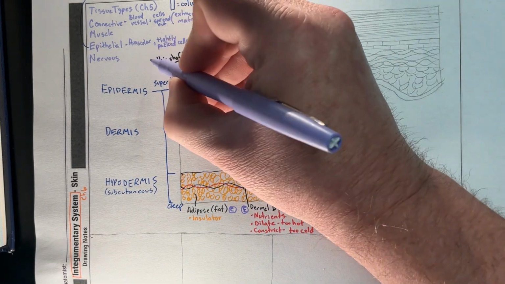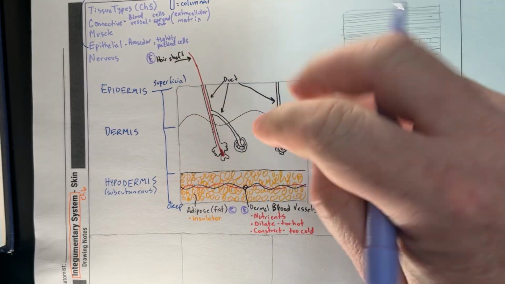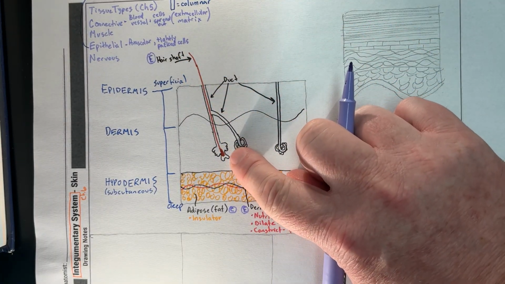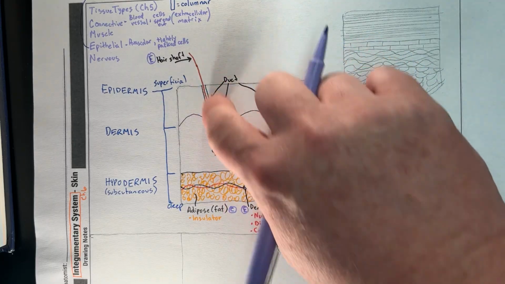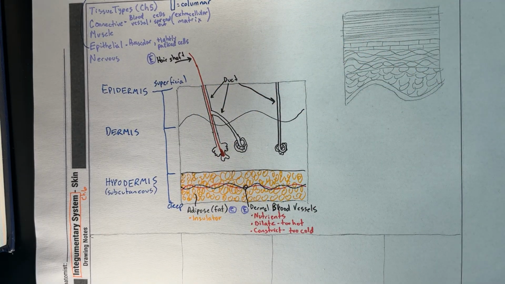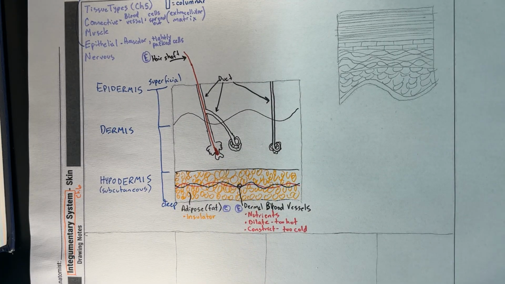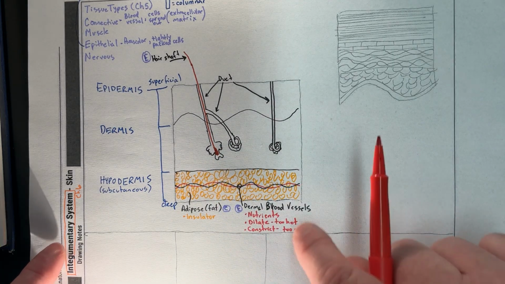Hair is actually an epithelial tissue, and that epithelial tissue is born way down here at the base of this hair structure. And in order for those cells to divide, they need some nutrients.